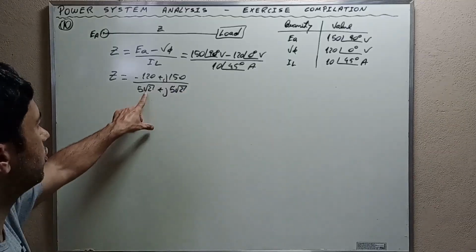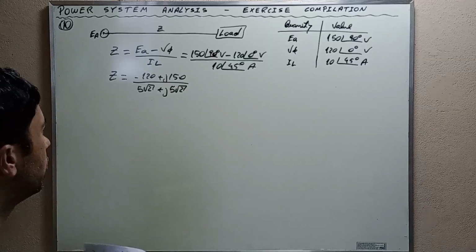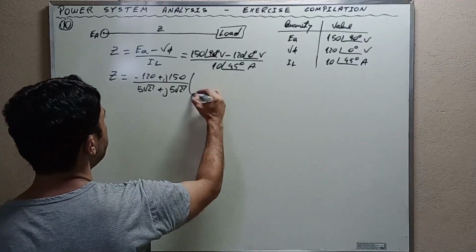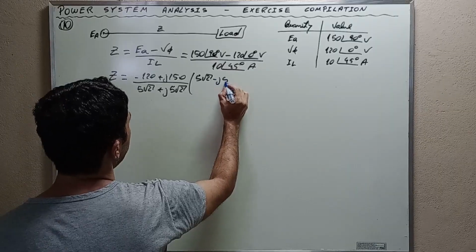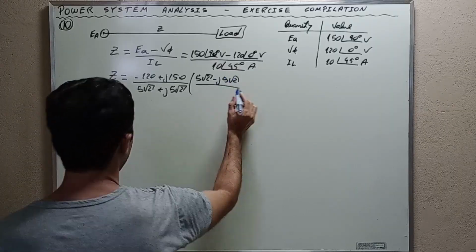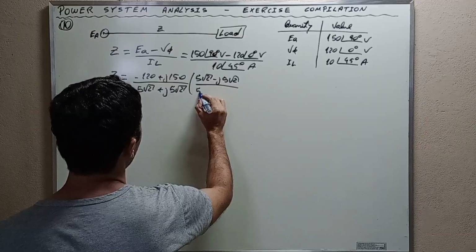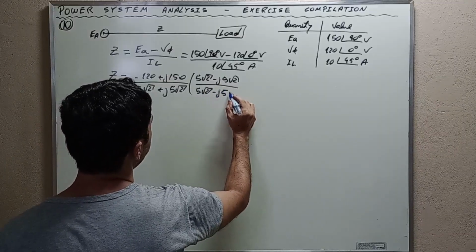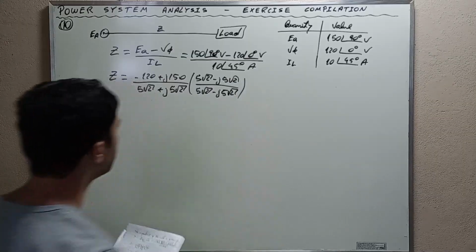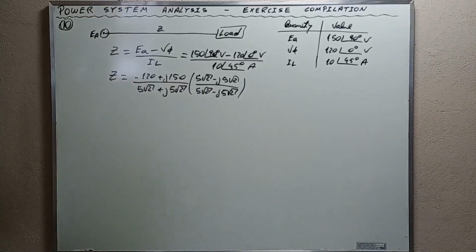To eliminate this square root of 2 from the denominator, we are going to multiply it by 5 square root of 2 minus j5 square root of 2 divided by 5 square root of 2 minus j5 times 5 square root of 2. Okay? And in this way we eliminate the square root from the denominator.